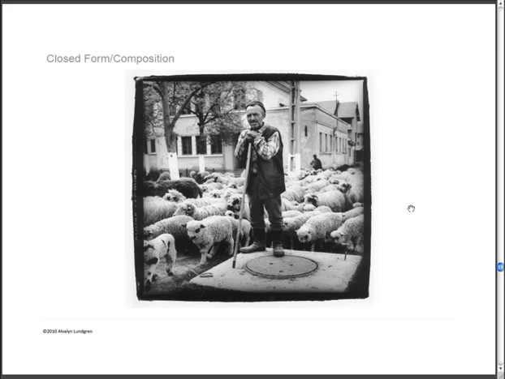Closed form, or closed composition, occurs where there is a framework that actually will separate the viewer from the action in the image. The framework is not a frame that's attached, as if you're going to frame something and hang it on the wall. It would need to actually be part of the design.